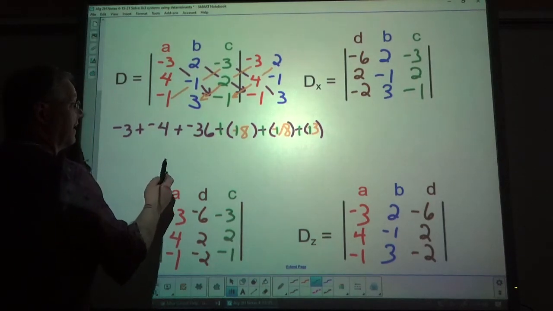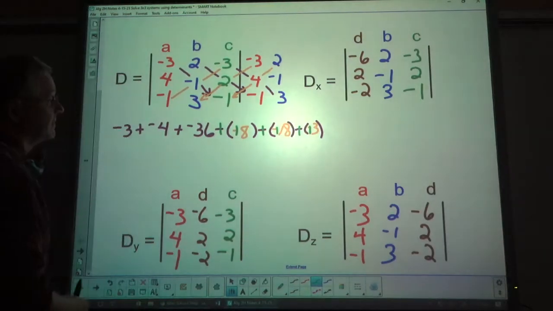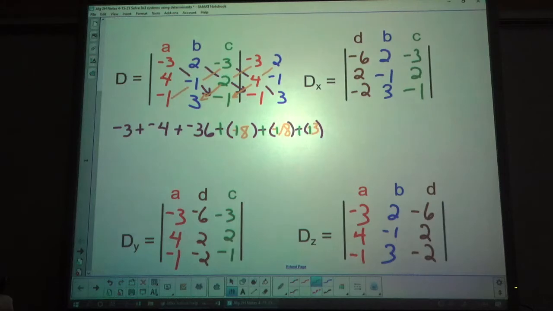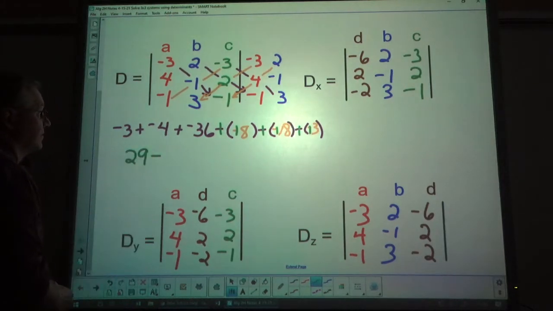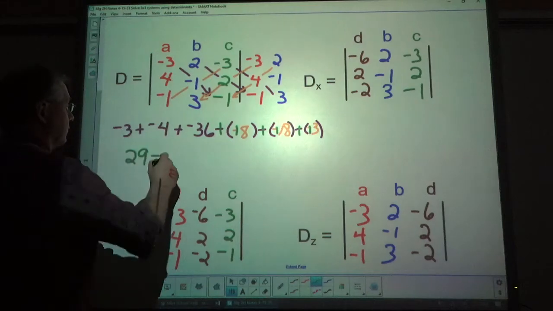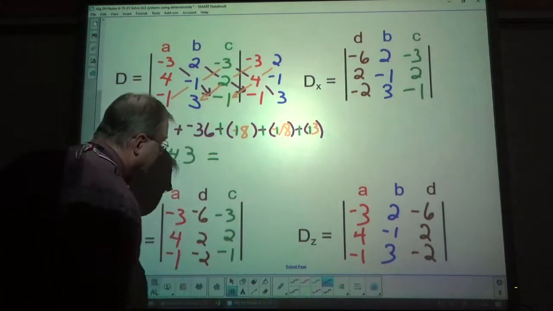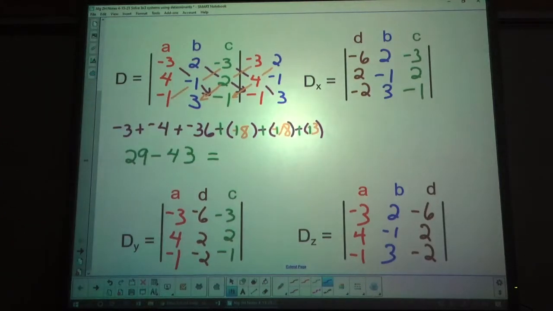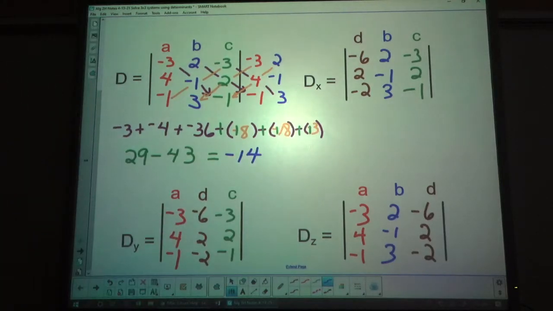So I have a positive 8, 18, and 3. 8 and 18 is 26, 29, minus 43. So that is going to give me a total of -14. Hopefully I didn't make any mistakes.